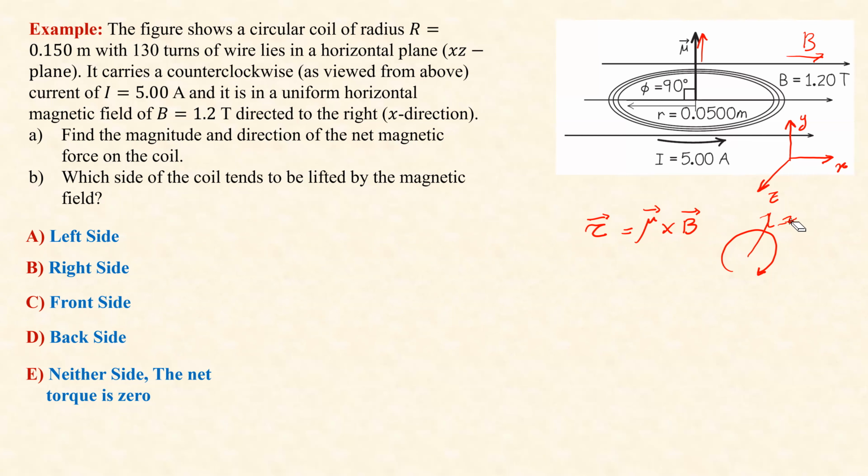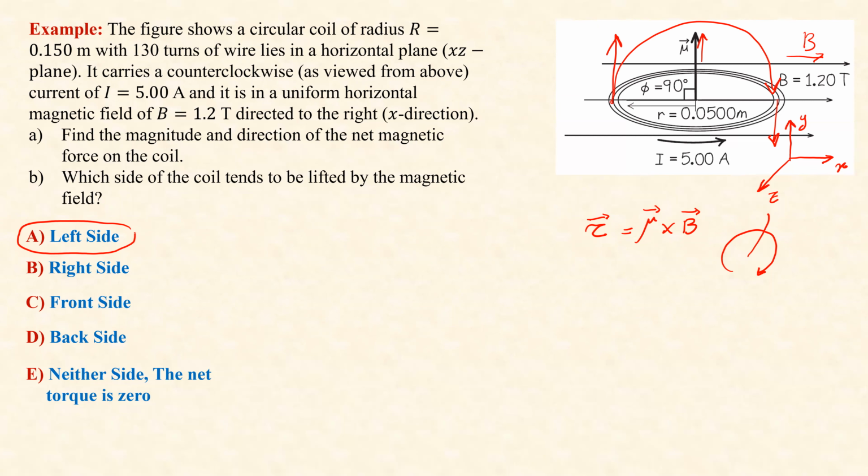And then now we want to see how does it turn. Of course, this turns the loop like this. Means that this side is going to be lifted, this side pushed down. So the left side is the answer.